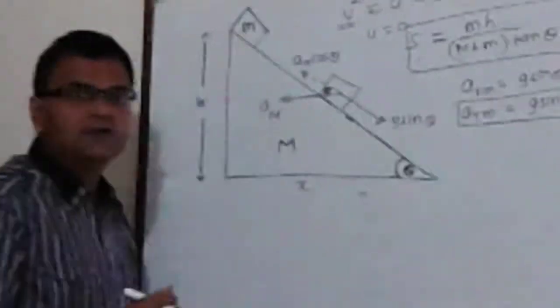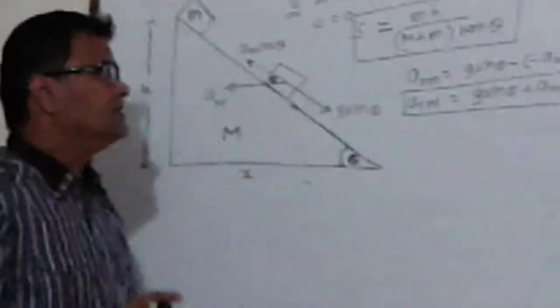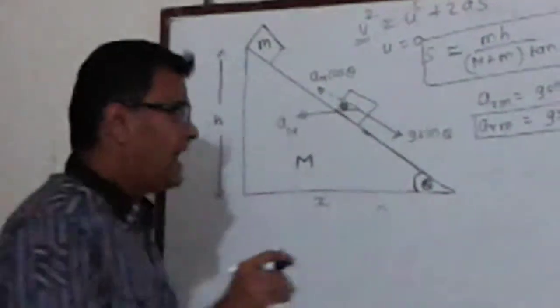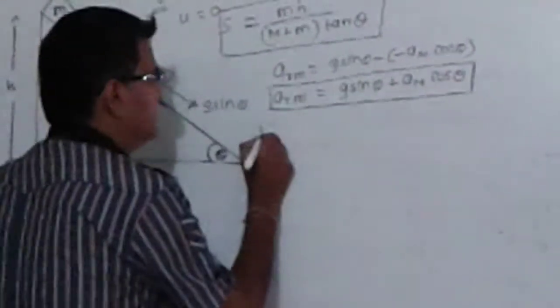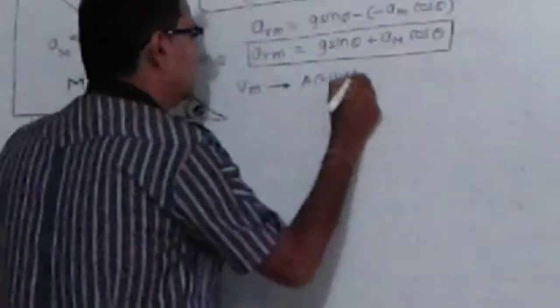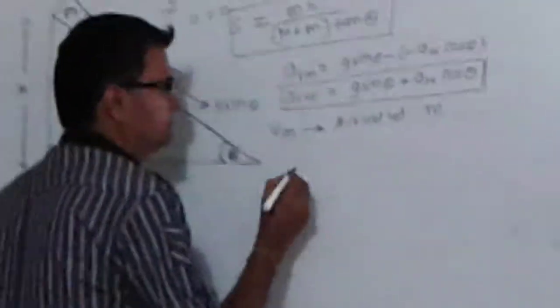As no external force is acting, we also have to consider the conservation of momentum. But before that, let us again apply some sign conventions and some terms. Vm is the actual velocity of the small block.